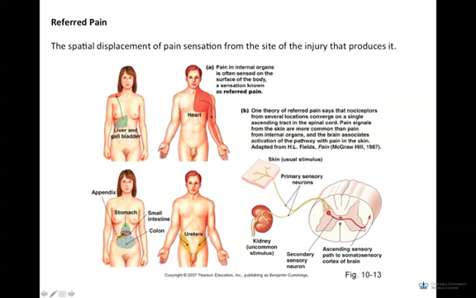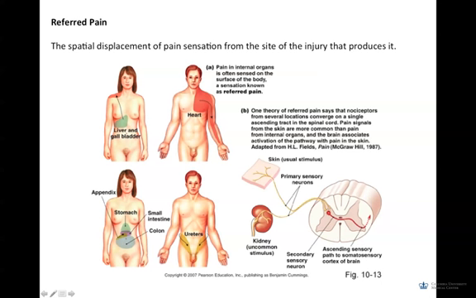And so the idea is this convergence, when the visceral pain comes in and then moves up to the brain, it is perceived by the brain as pain that originates not in the kidney, but at the corresponding surface of the skin, the corresponding dermatome for that spinal nerve. Okay.